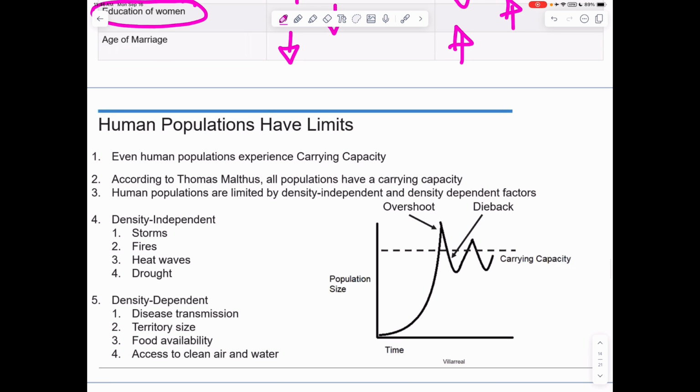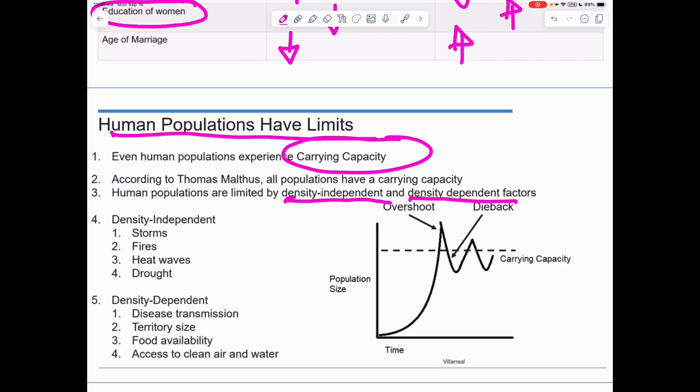Now, we cannot forget these human populations do have limits. We do have a carrying capacity as humans. And as I mentioned before, Thomas Malthus came up with this idea of when this could happen. We are limited by those societal factors, but we're also limited by our density independent and density dependent factors, just like all other populations.